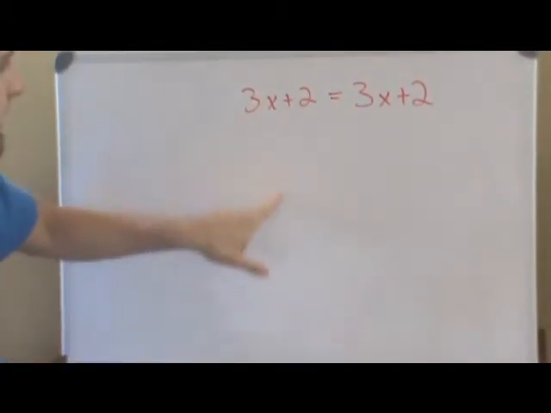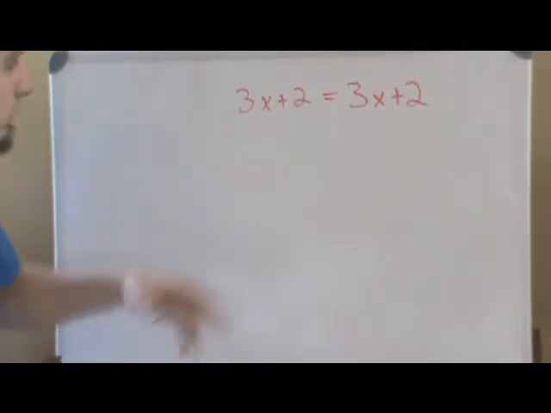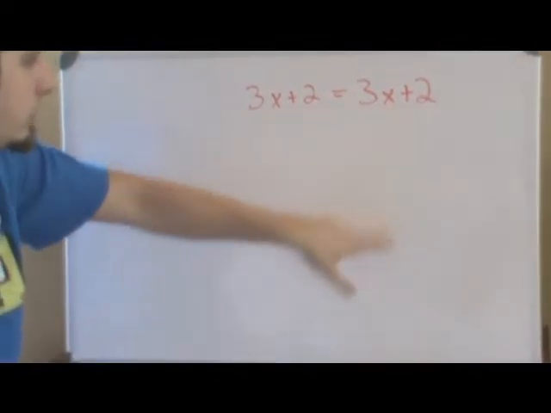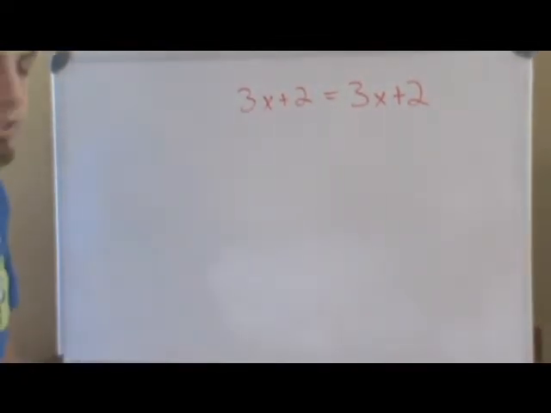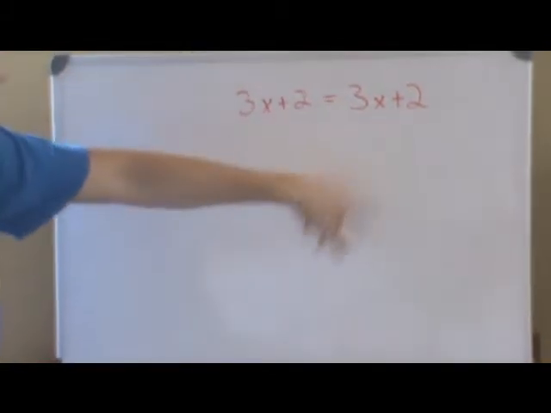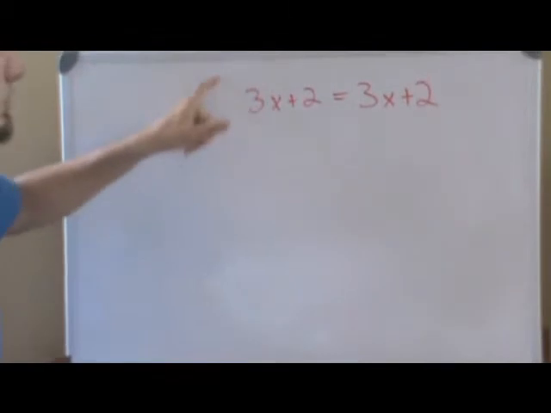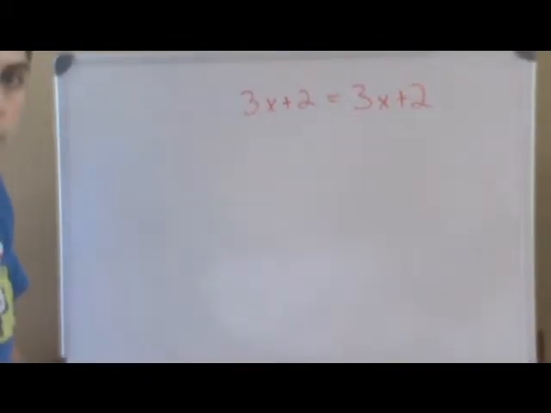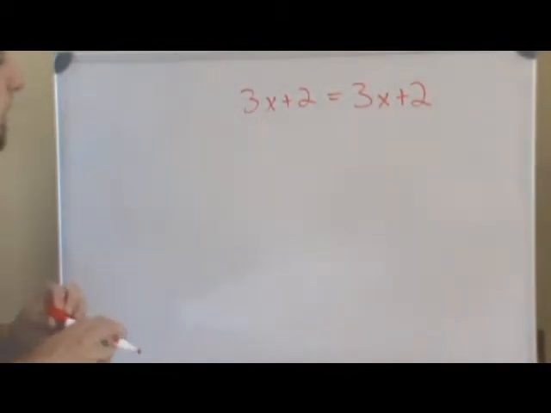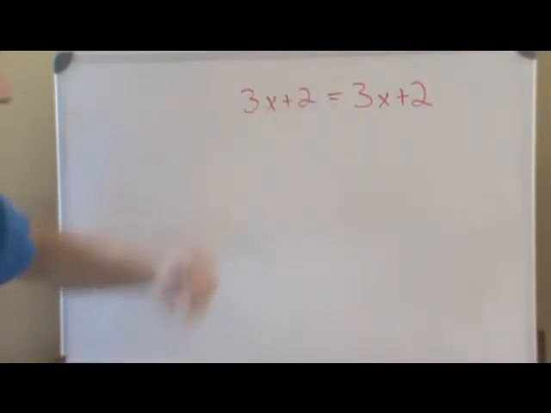If I plug in 4 here, I'm going to get the same answer as I do here. If I plug in 0.3 here and 0.3 here, I'm going to get the same answer on both sides. Negative 32, I'm going to get the same answer on both sides because the same exact expression is on both sides. So if you have an equation where the same exact numbers, variables, and operations are on both sides, then you're going to get the same answer.